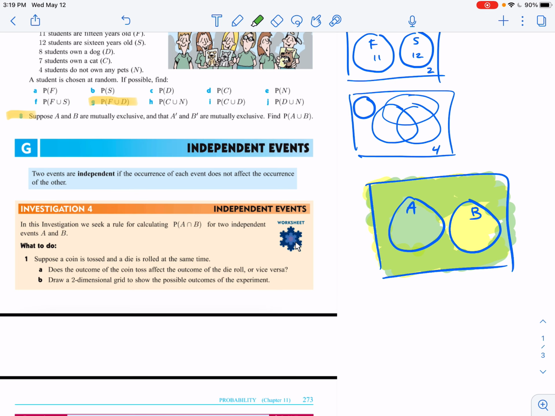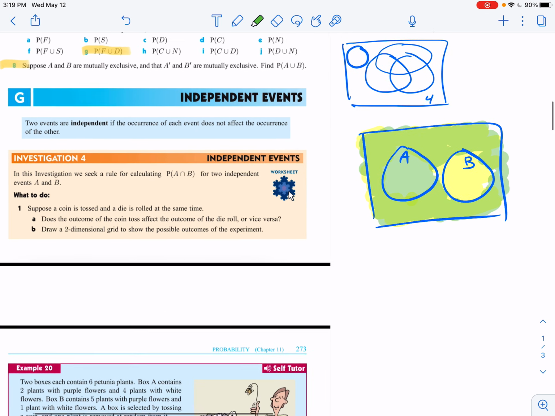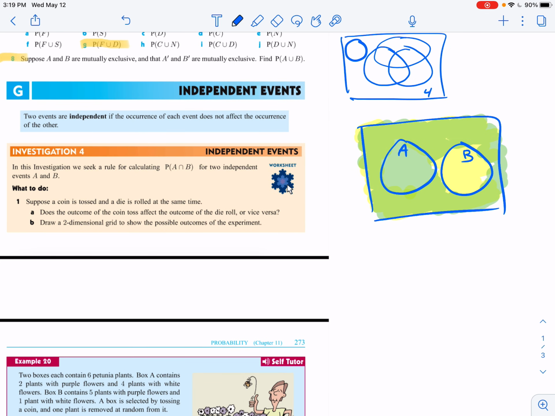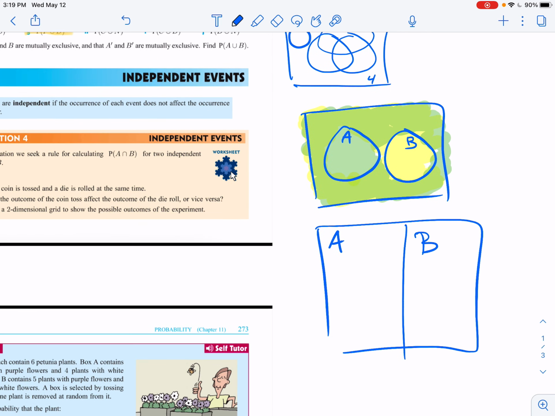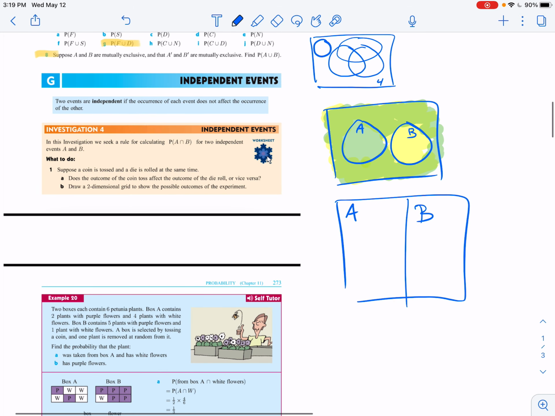Okay, so what happens here is we have to redefine our idea of what that should look like. In order for A and B to be mutually exclusive and A prime and B prime to be mutually exclusive, together, the union of them has to be the whole set. It doesn't have to divide it in half necessarily. You could have 1,000 elements in this one and 1 element here. That'd be fine.